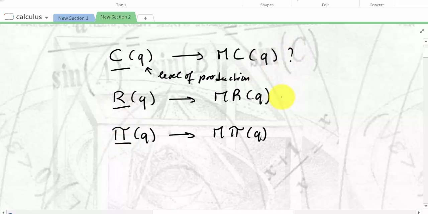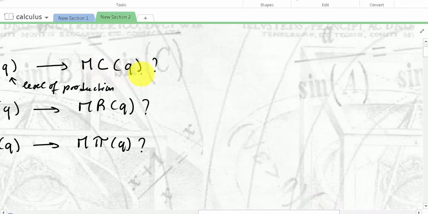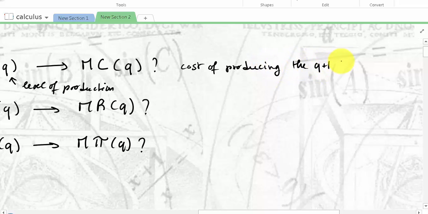How do we define these functions? Very simply. The marginal cost is the cost of producing the Q plus 1 item. So how do we get this cost? Well, that's very simple.